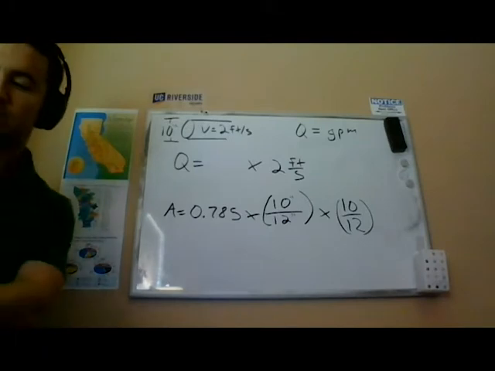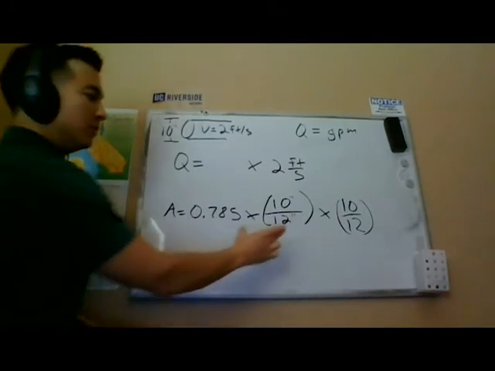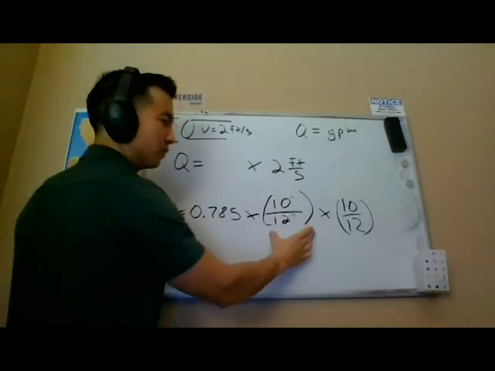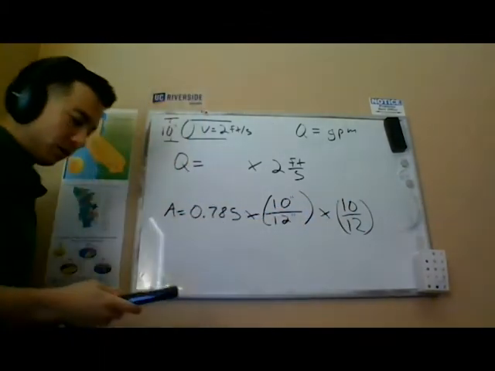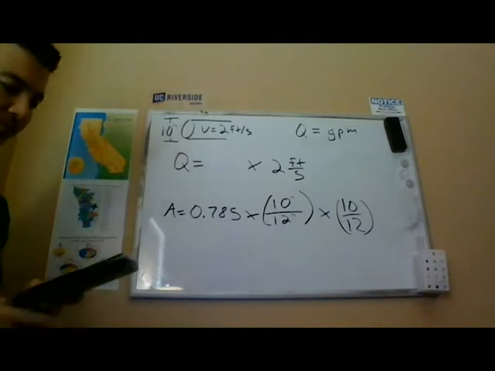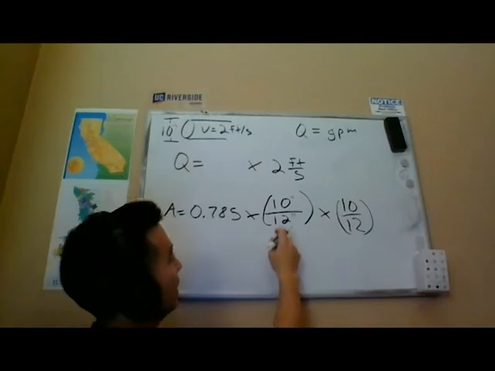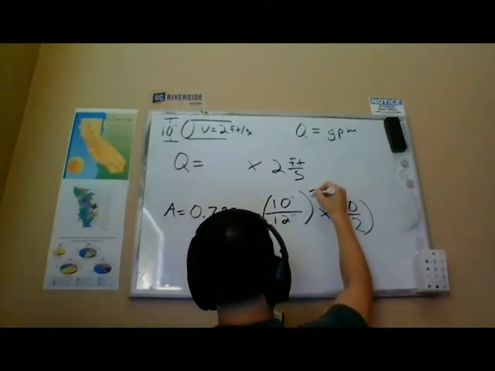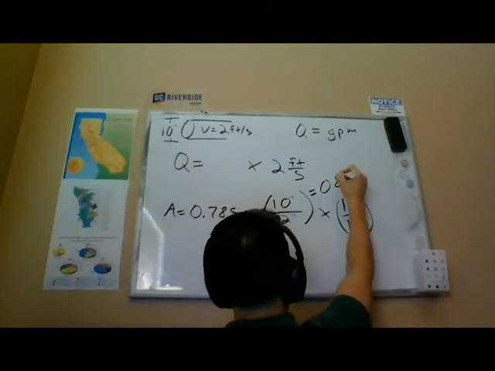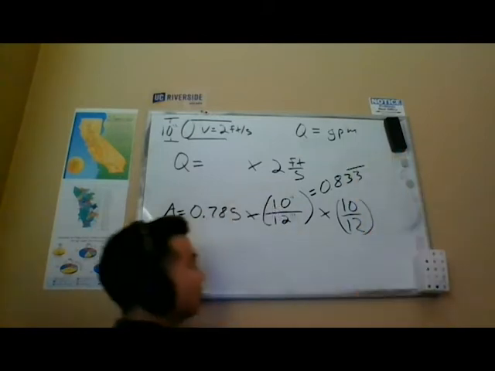Now for this next step, depending on how comfortable you are with your calculator, you can use parentheses and leave it as 10 over 12 times 10 over 12, or do that quick division, 10 divided by 12, and know that you're going to have to round to some extent. This 10 over 12 is equal to 0.833, and the 3 just goes on repeating forever.